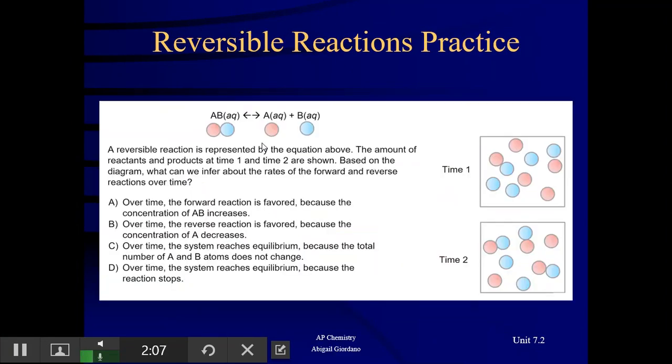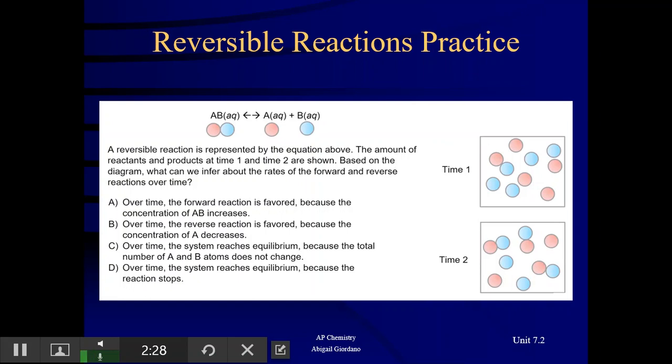So let's look at a sample problem here. We have a very simple decomposition reaction. AB is decomposing into A and B separately, and they're being represented with these colored dots. It says a reversible reaction is represented by the equation above.